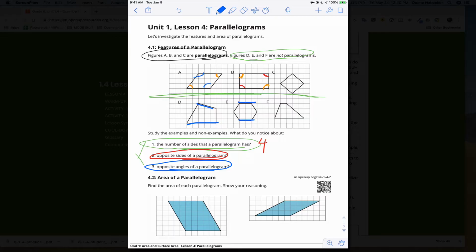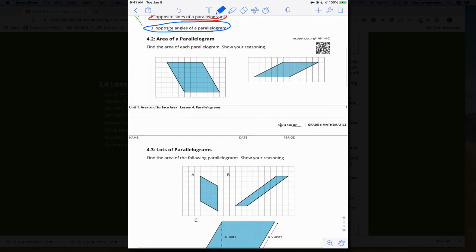These opposite sides appear to be equal, but remember, there are too many sides, so that excludes it from being a parallelogram. And here, these opposite sides are parallel, but the opposite sides are not equal. And so that's why these above the green line are parallelograms and these below the green line are not parallelograms.